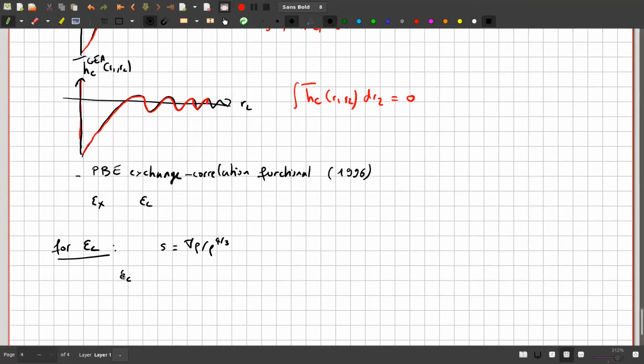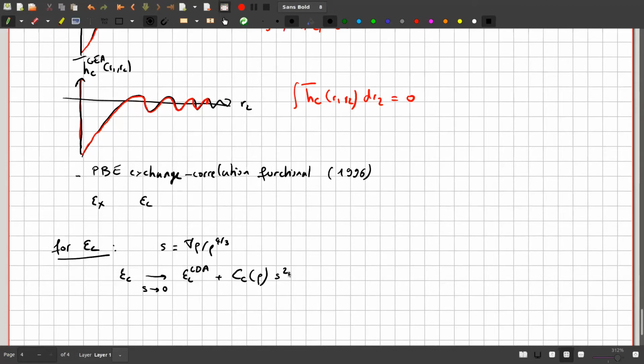They impose that the correlation energy density, in the limit where the gradient goes to 0, must be equal to the LDA correlation energy density per particle plus the coefficient of the gradient expansion approximation times the reduced density gradient.